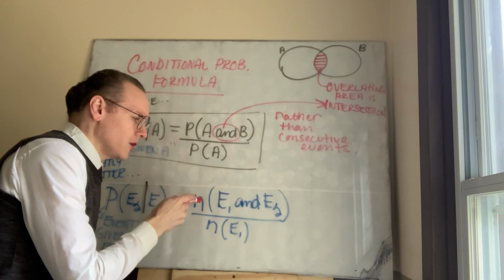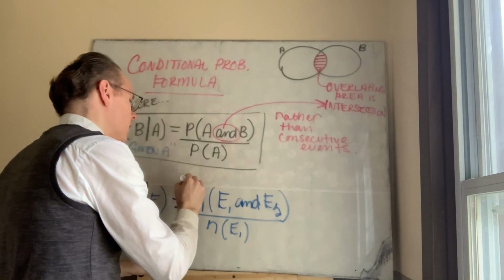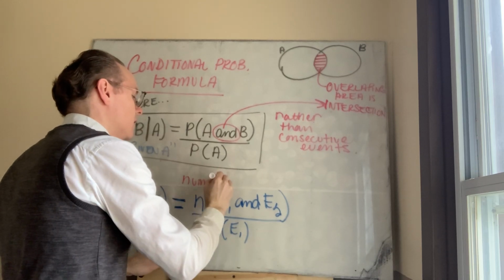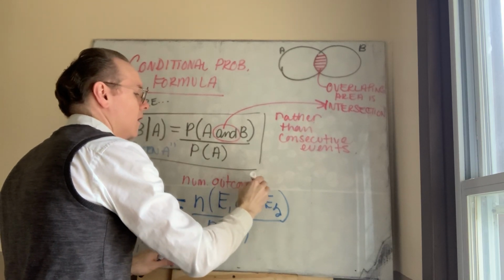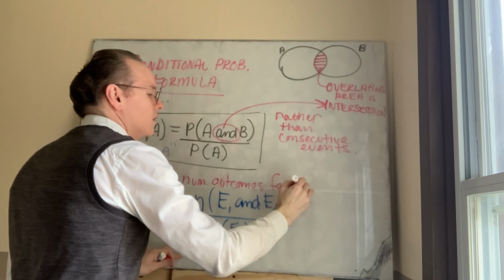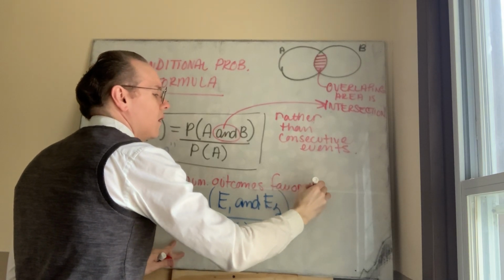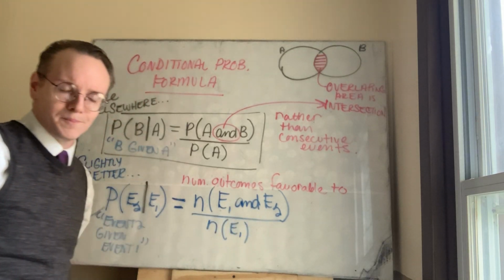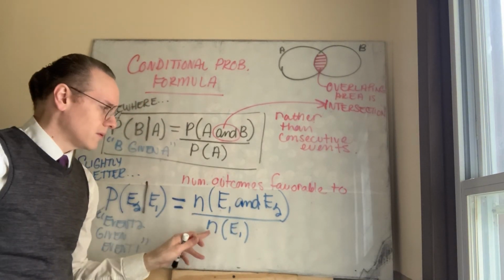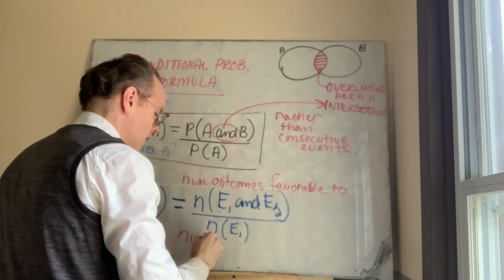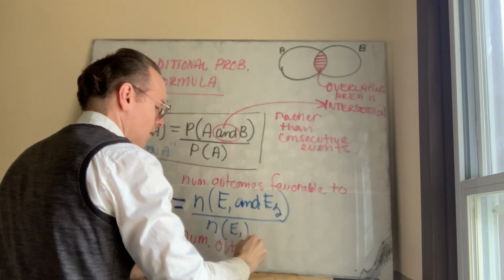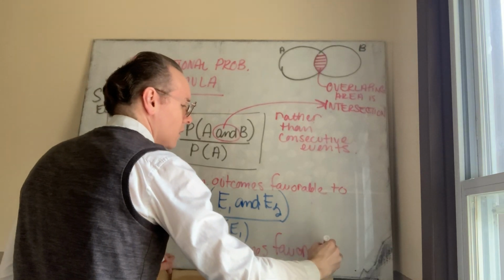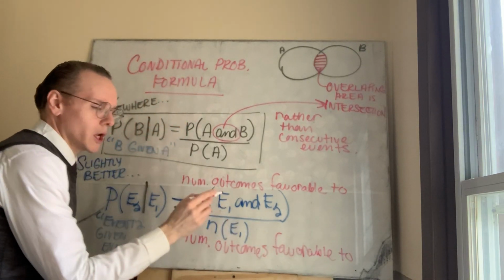You're looking for the number of outcomes favorable to event 1 and event 2. And down here, the number of outcomes favorable to event 1 only.